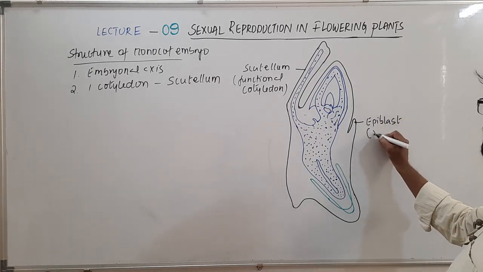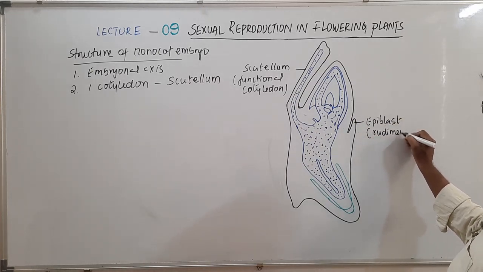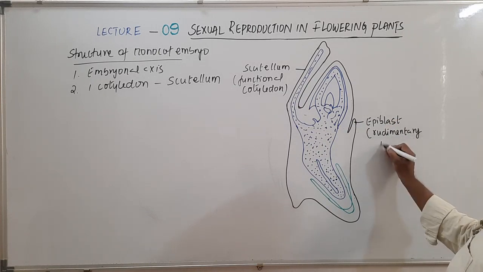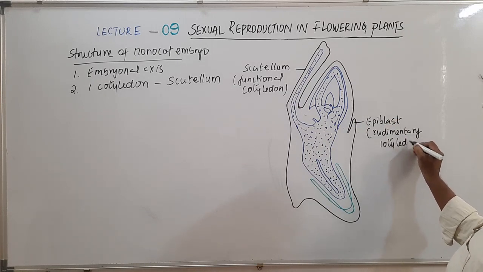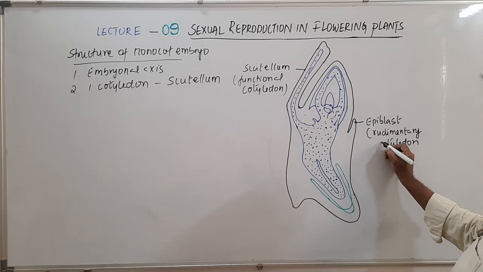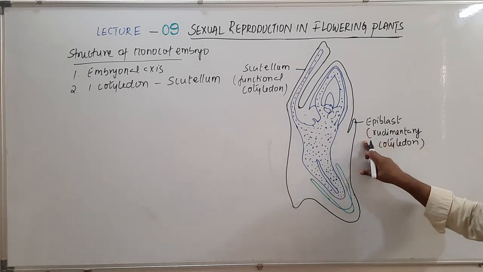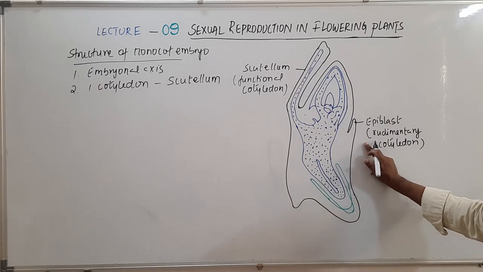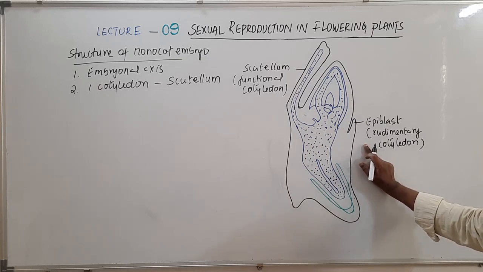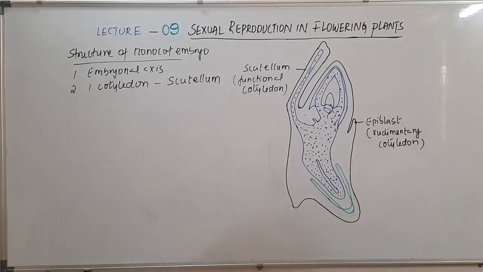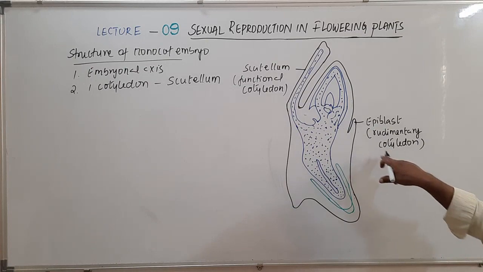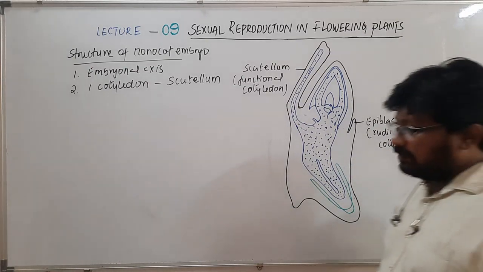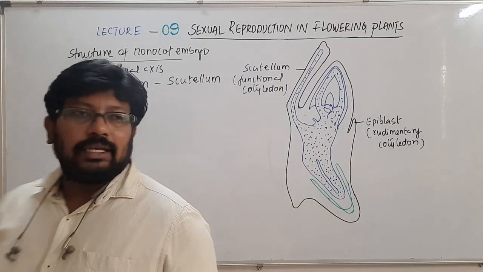So this is a rudimentary cotyledon, which means a cotyledon that became non-functional. Of course, in the case of dicots, we find both the cotyledons are functional, but in this case you will find only one cotyledon functional, whereas the other cotyledon becomes non-functional. That is what I call here the rudimentary cotyledon, right?